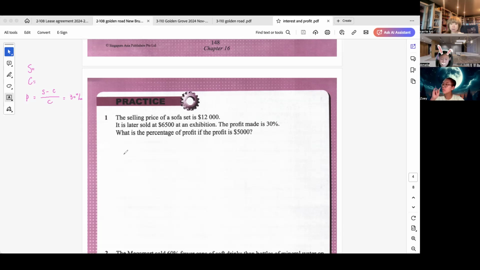So Zoe, can you tell me, 30% equals what? 30 over 100. So selling price minus cost, right? So what is the selling price for this one? 6,500. Very good. So do we know the cost? No, we don't know the cost, right? So it's 6,500 minus C over C, correct?